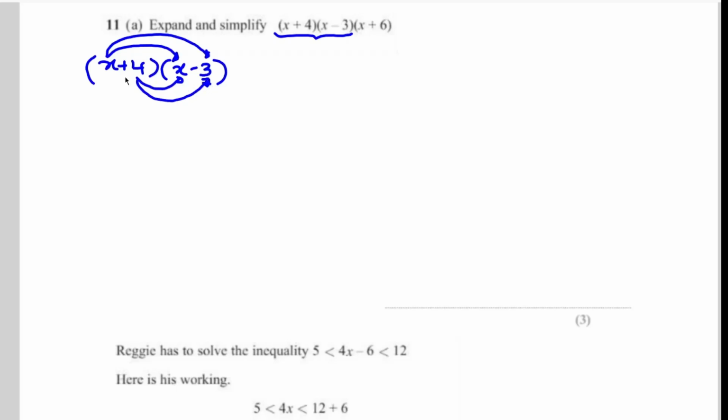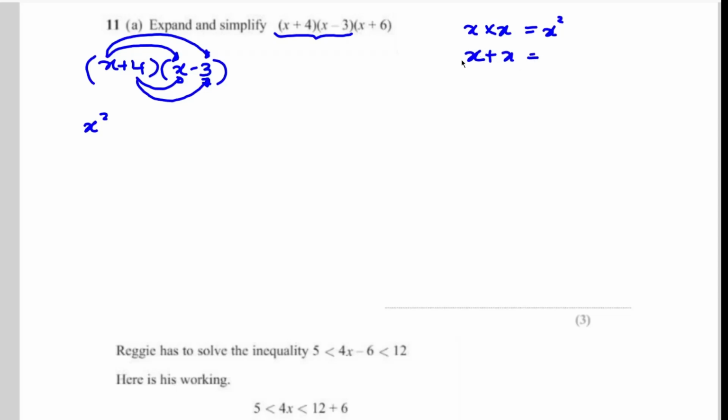When multiplying in algebra, x into x is x squared; we add the powers. When adding, we do not change the powers.